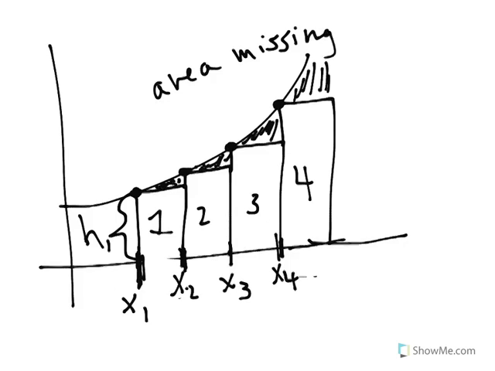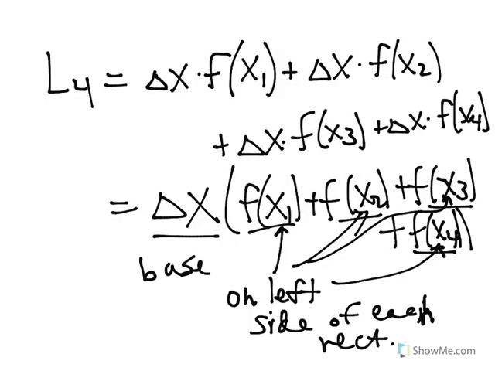So the estimate that we find by doing L4 is actually an underestimate, because remember, our goal is to estimate the actual area under the curve. But here there's area missing that we should have included if we were trying to find the actual area under the graph.